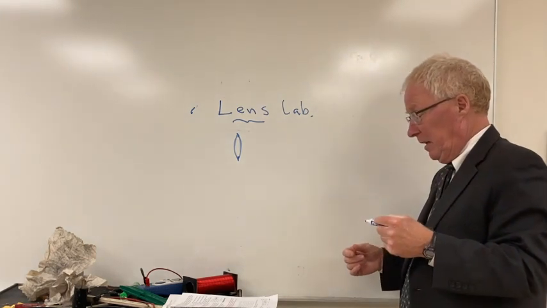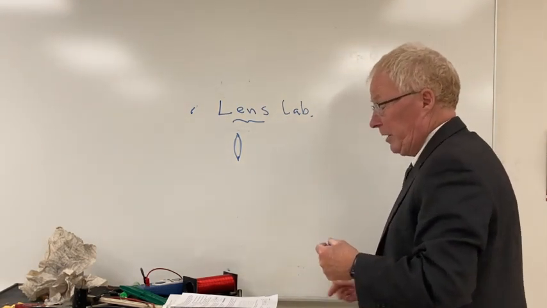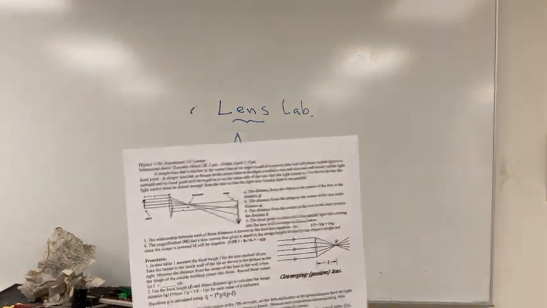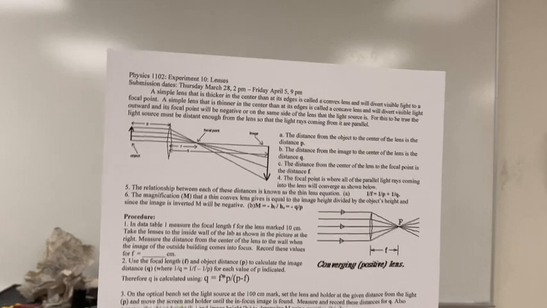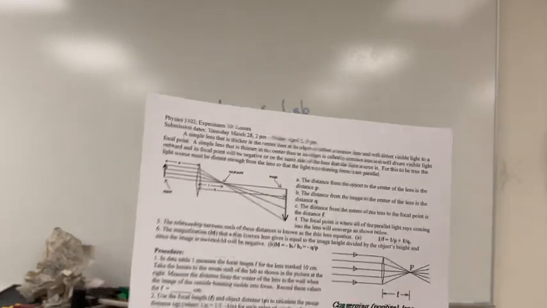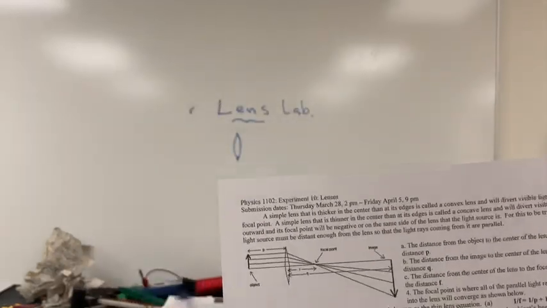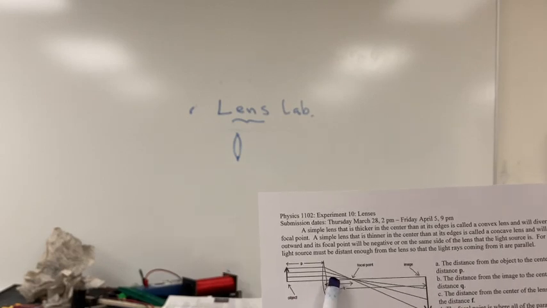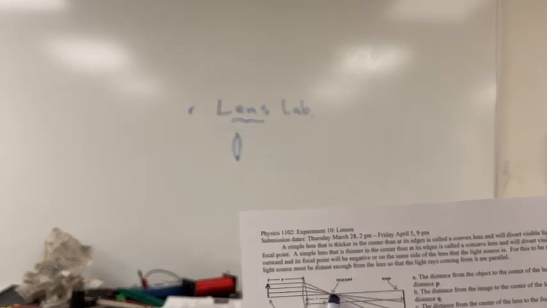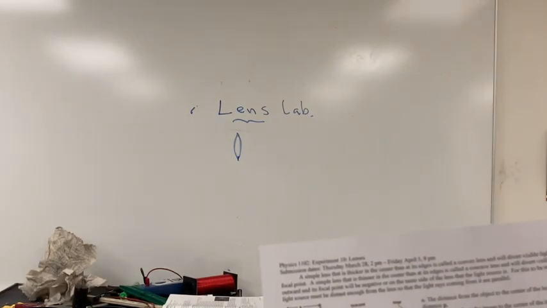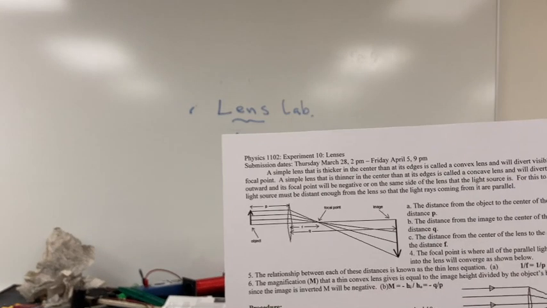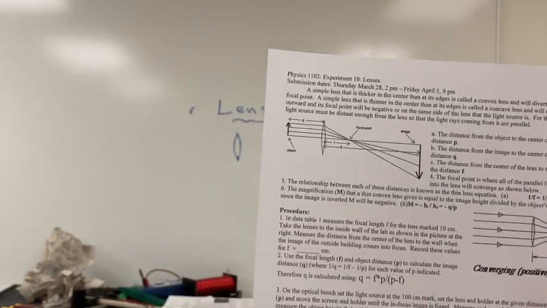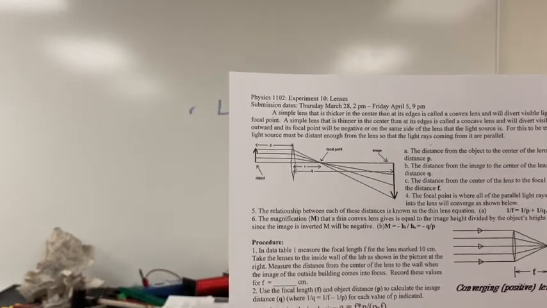And the idea of a lens, the example is from the lab handout: if we have light from an object or light source that passes through the lens, then it will form, if we set it up right, a real image on a screen. And we'll be talking about this in the lab today.